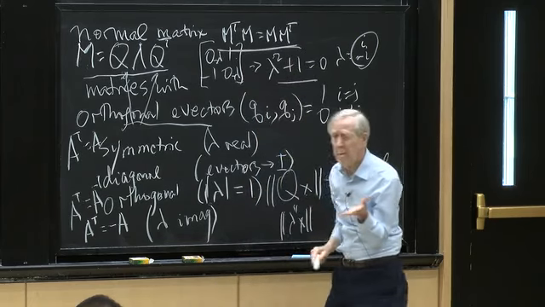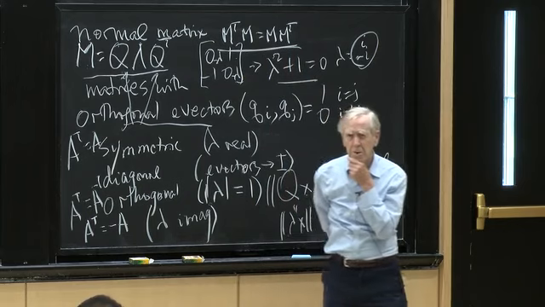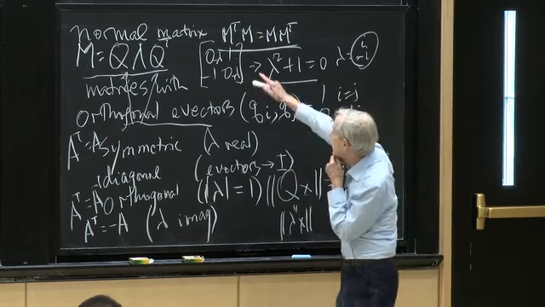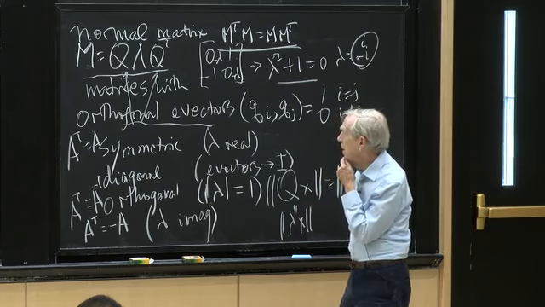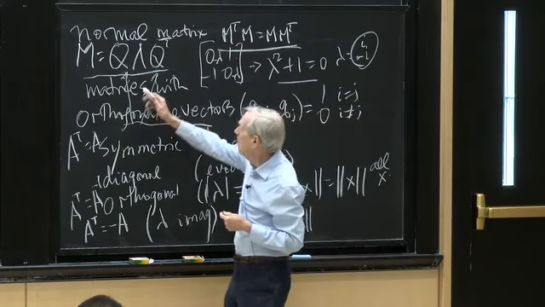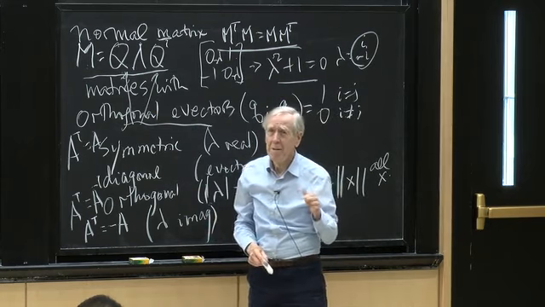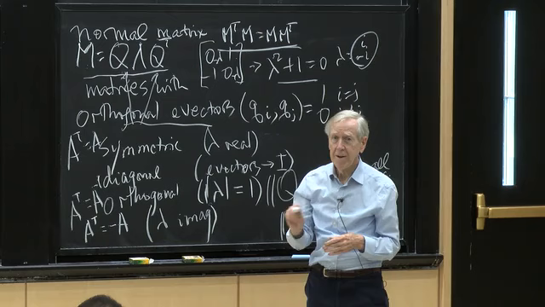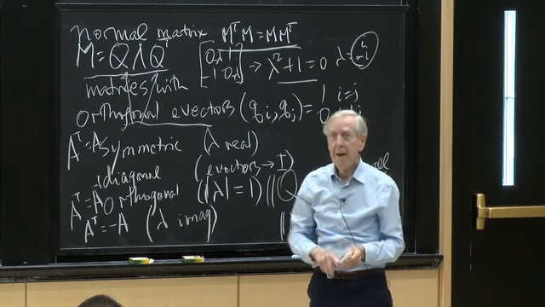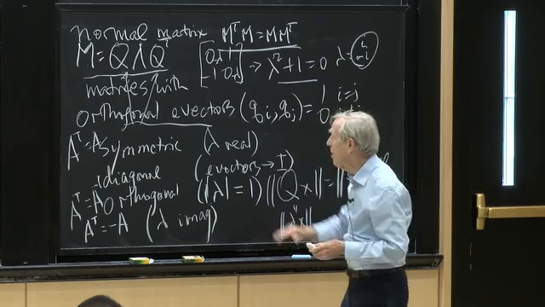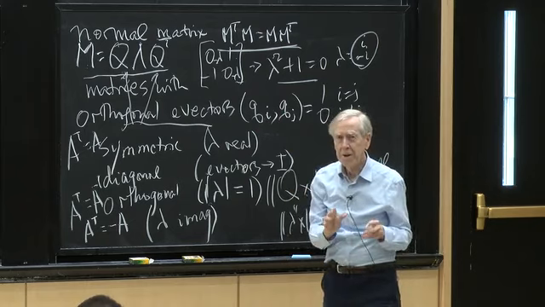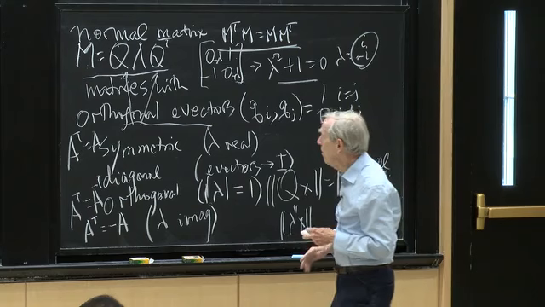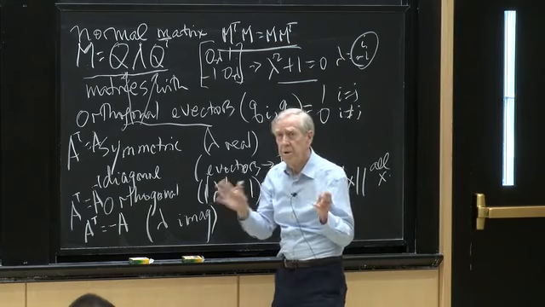I'm talking here about real matrices, and I really should move to complex, but let me just think of them as real. The trouble is the matrices might be real, but the eigenvectors are not going to be real. And the eigenvalues are not going to be real. So really, I'm sorry to say again, I should get out of the limitation to real.